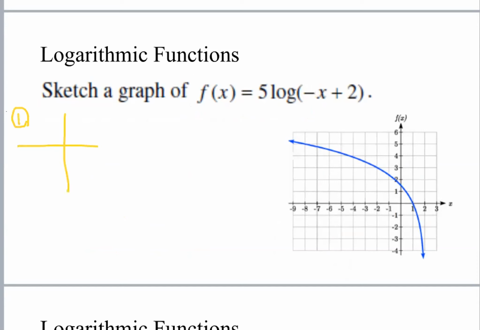Our normal log function looks like this. It's got this asymptote here, and this is (1, 0). What this does is reflect it about the y-axis. Remember, inside is the y. So we're going to bring it over to this one.